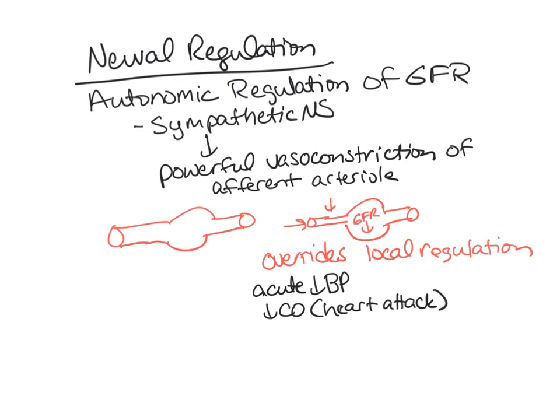As the crisis passes, the sympathetic tone will decrease, meaning the sympathetic nervous system starts to decrease in function, and the filtration rate will then return to normal. There are other times that the sympathetic nervous system also alters patterns of blood flow, which can affect the blood flow to the kidneys.